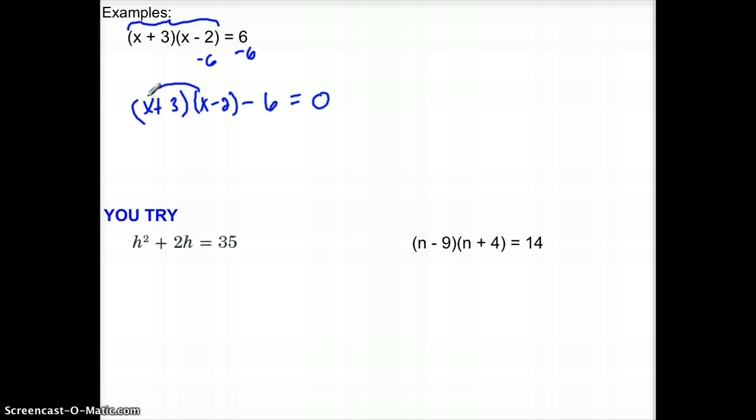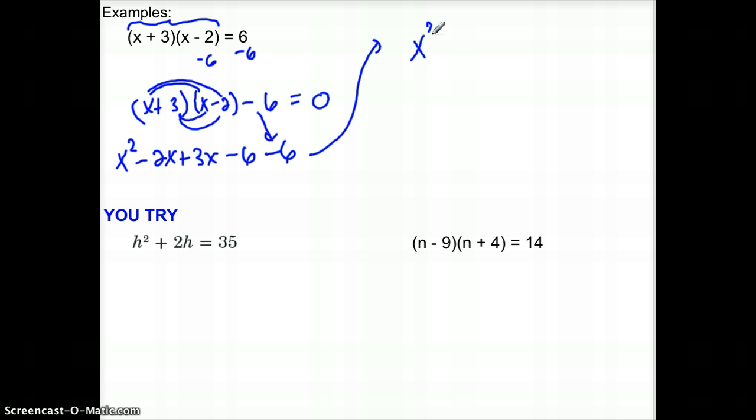So we're going to need to FOIL. When you FOIL, x squared minus 2x, and then the 3 times each, so plus 3x minus 6, and then you have this other minus 6. All together, when we combine like terms, we have x squared plus x minus 12 equals 0.